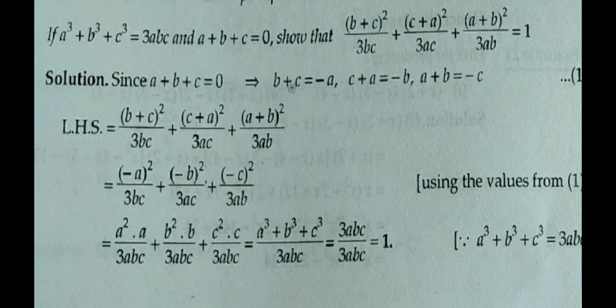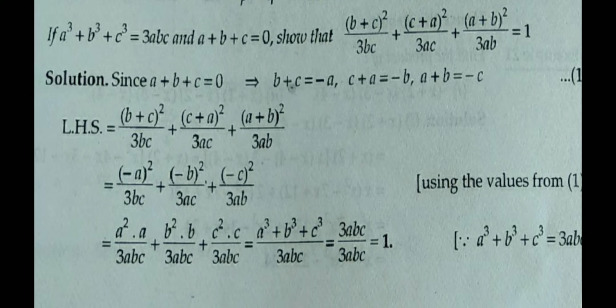Okay, now multiply with a on the numerator and denominator for the first term, that is a square into a by 3abc, plus b square: multiply both numerator and denominator with b, so that the value remains same, b square into b by 3abc, plus c square into c by 3abc, dividing and multiplying by c.